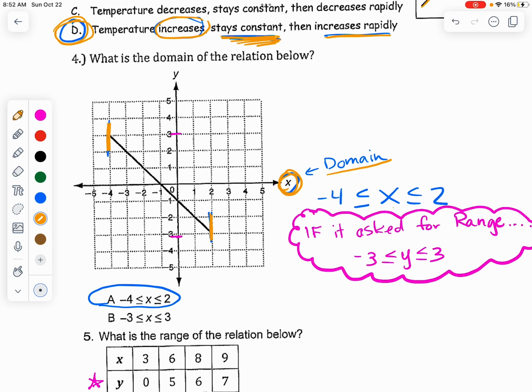So I know that x can be less than or equal to 2 or greater than, because I read from the variable's perspective, greater than -4, and that's what it is. It's greater than -4 and less than 2. So it's really an and inequality, right? Leading us to the answer is A.